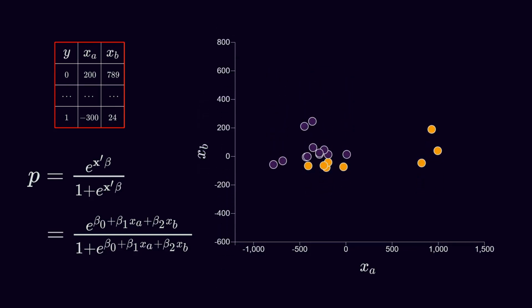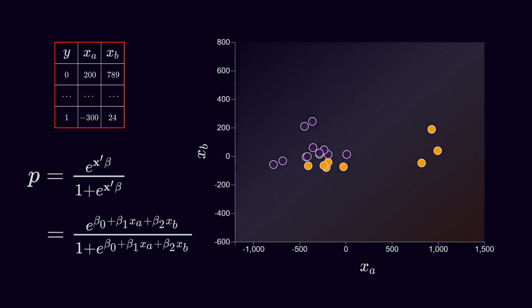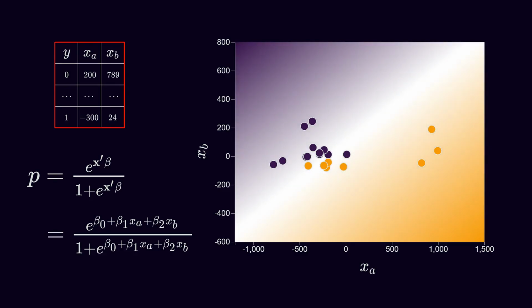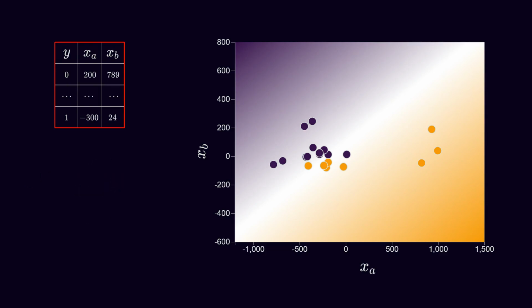Instead, we plot the two features on both x and y axes and let a color gradient represent the estimated probability. The deeper the purple color at a given point, the closer the estimated probability of benign is to 1, and vice versa for the orange color. In the middle, where the gradient becomes white, the model implies 50-50 odds for the tumor being benign.